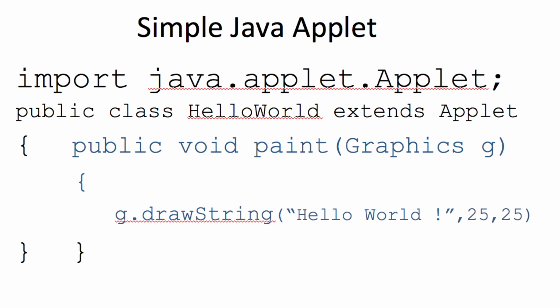In a simple program we use String args. You can see in the previous program, public static void main String args. In the case of an application program we use String args as the argument type, while in the case of an applet we use Graphics g.